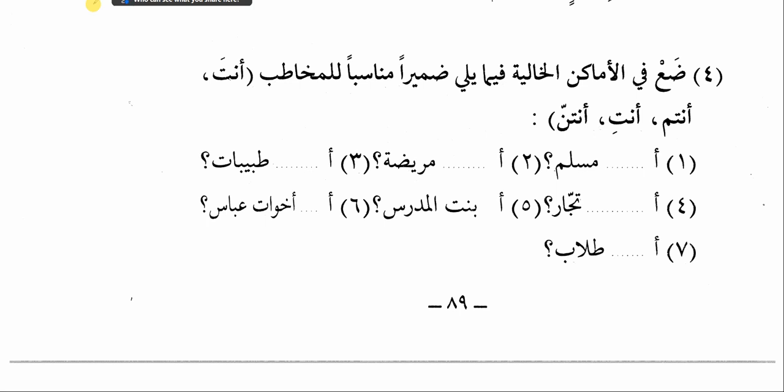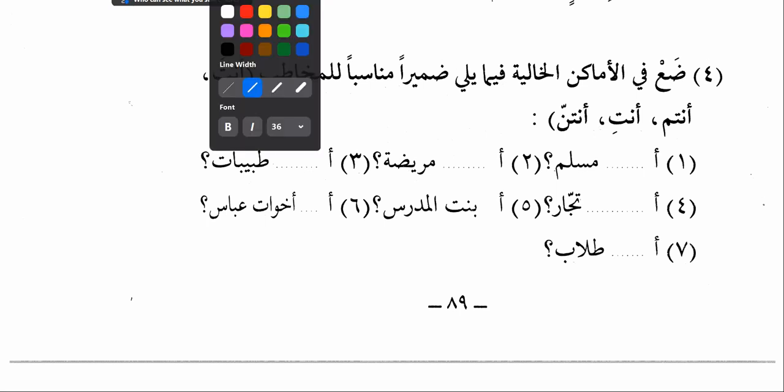Question number 4. And in this question, what are we going to do? Da means to put. Fil amakini means in the spaces al-khaliya, empty spaces. Fima yali, that which is coming or the following.